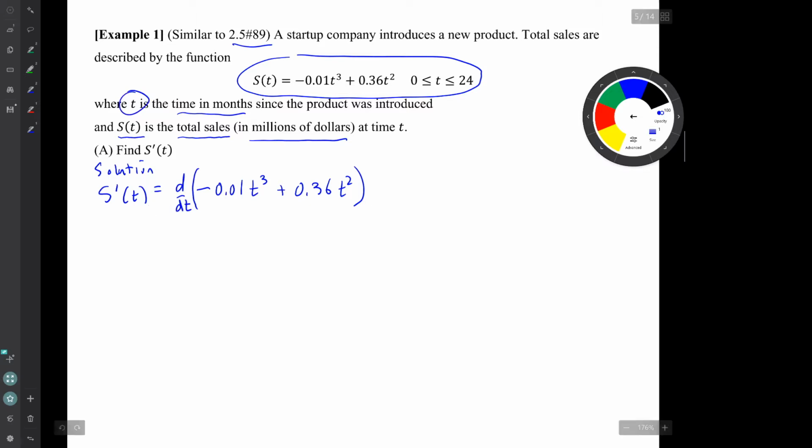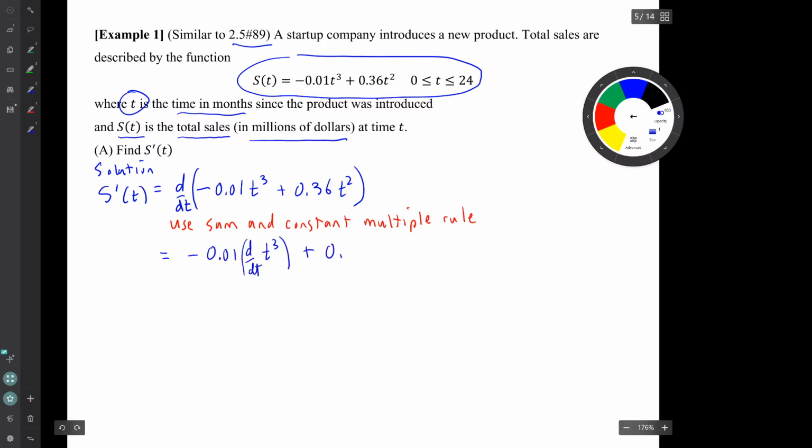All right, well, we'll use our basic differentiation rules. So when we use the sum and constant multiple rule, notice that we end up with the sum of two terms, and the constant multiples have slipped right through those derivative symbols.